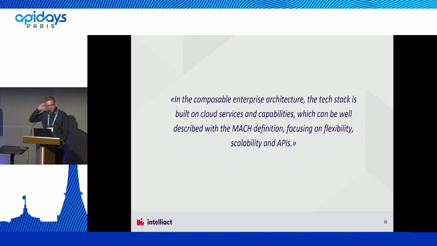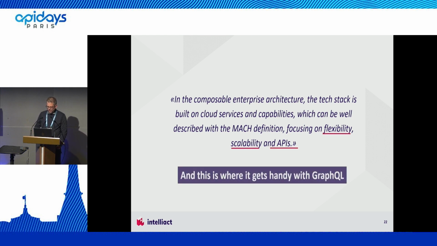In the composable enterprise architecture, the tech stack is built on cloud services, and it is all focused on flexibility, scalability, and APIs. That's where GraphQL came into place, and that's where it gets very handy.